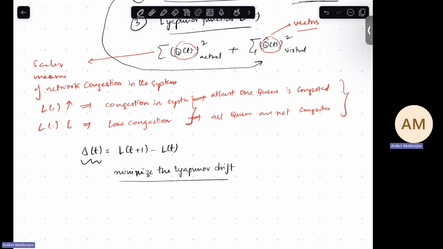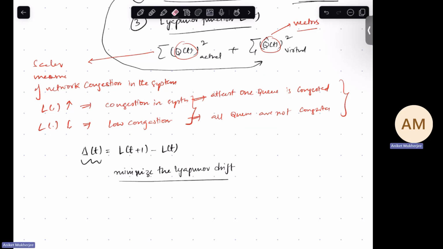We'll see how this method works for some particular examples of networks, and usually the scheduling policy that comes out from these methods stabilizes the given network. But still we have not solved the problem.